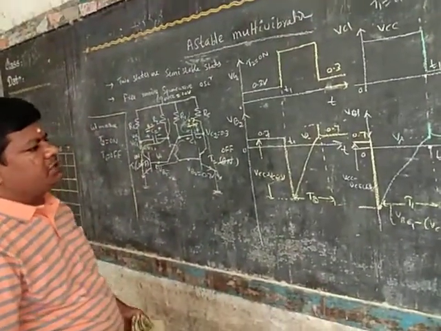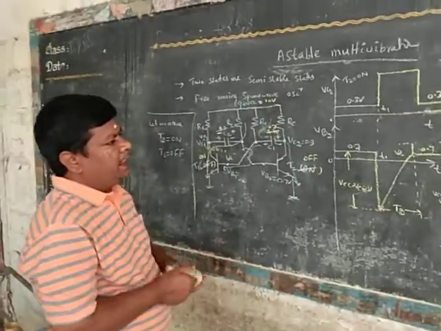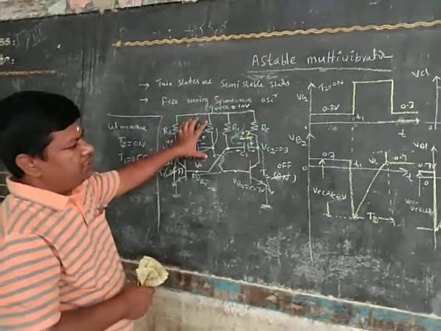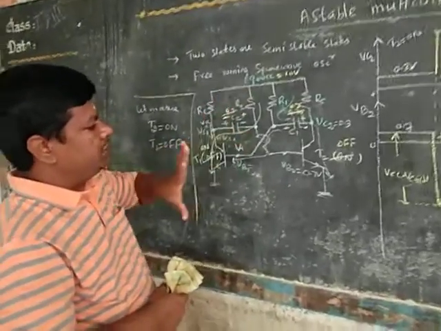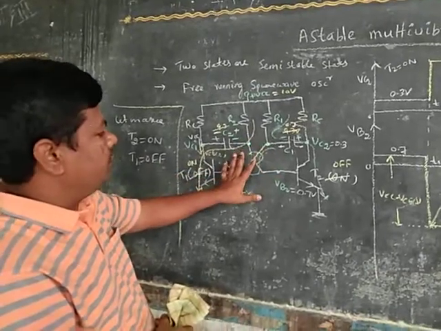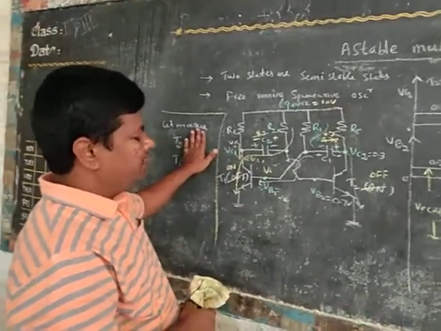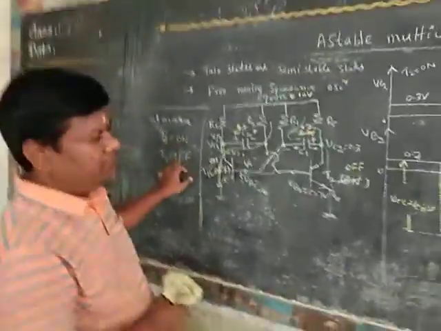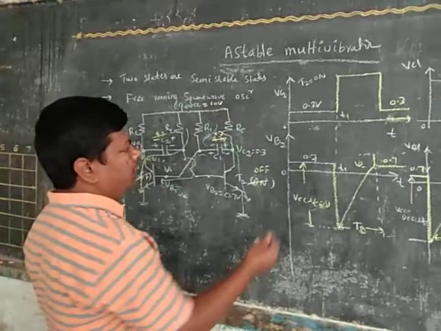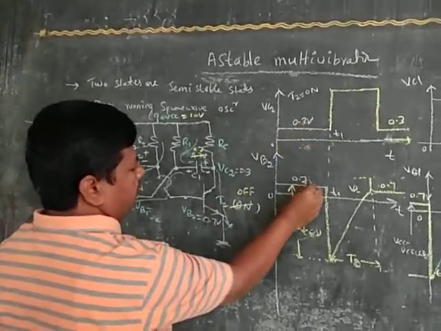Okay, this is the simple operation of the astable multivibrator circuit. In this circuit, the two states are semi-stable states. Once we switch on the circuit, we cannot say which transistor enters into on and which enters into off. Depending upon HFE, I am assuming T2 transistor on, T1 transistor off. Then the voltage levels: T2 on, collector voltage 0.3, base voltage 0.7.